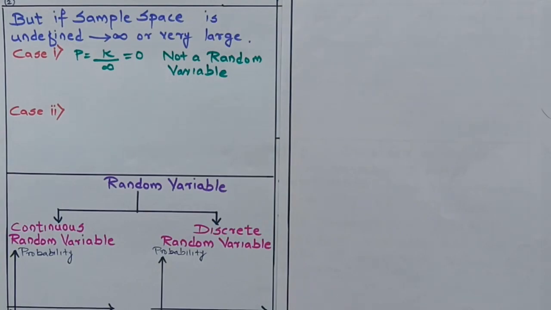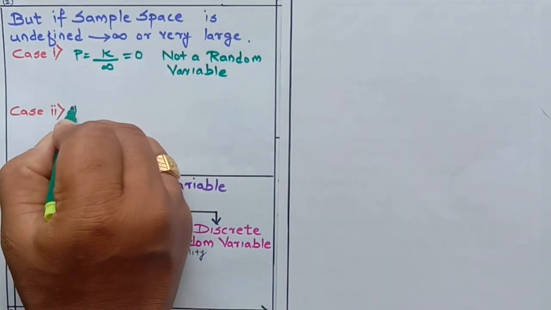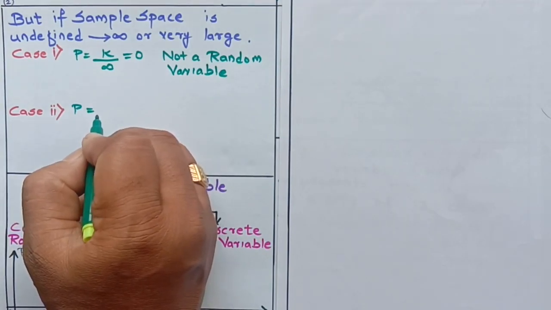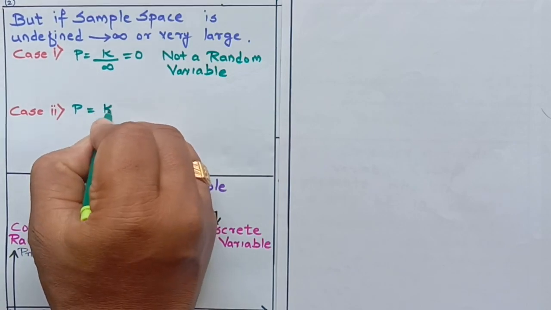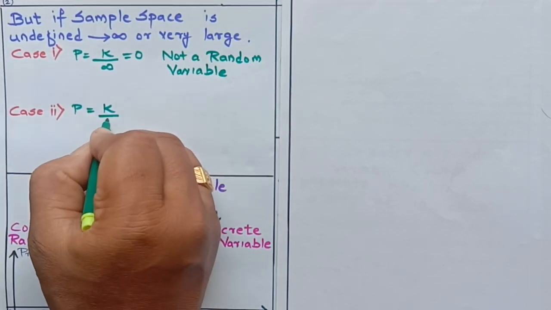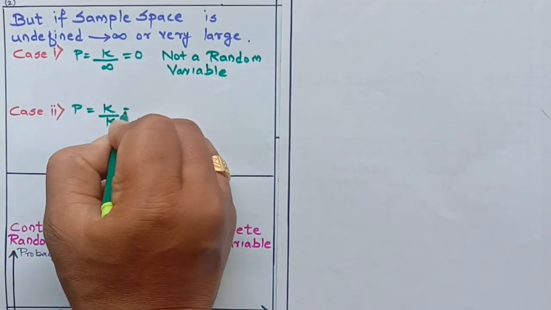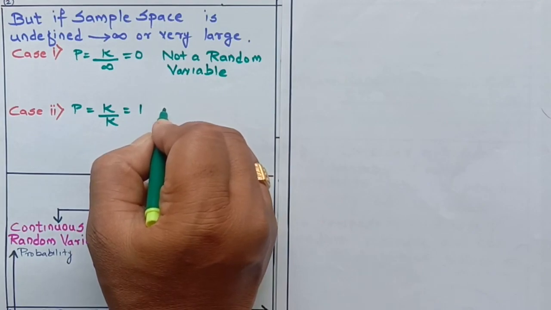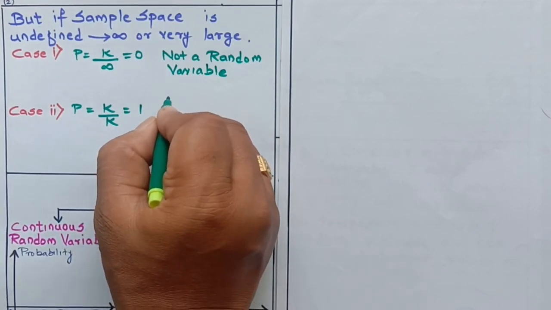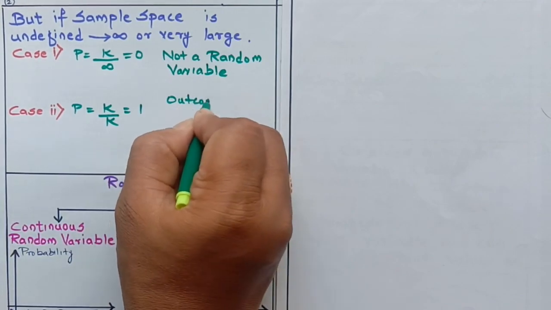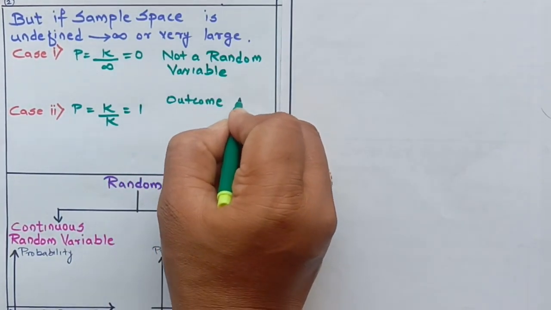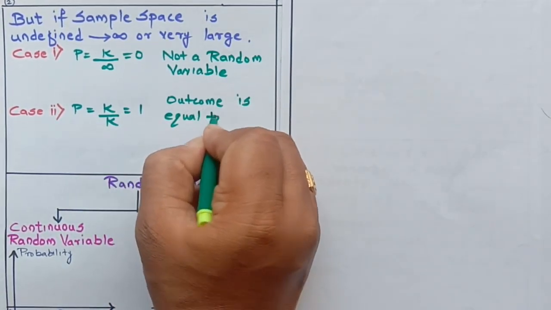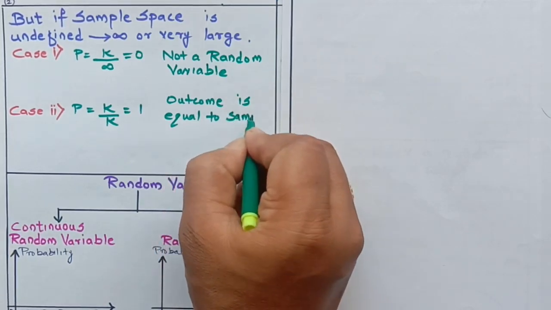Similarly, in the second case, what if the outcome or the event is equal to the sample space, that is k upon k? Then what would be the probability? It is 1, because the outcome is equal to the sample space.